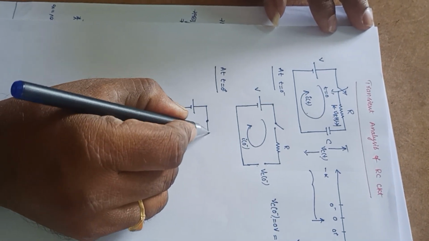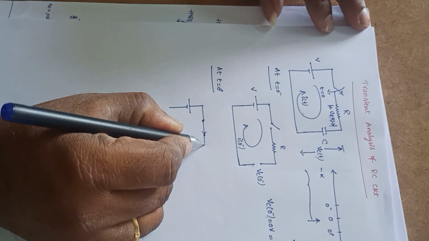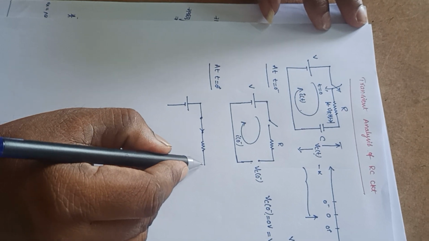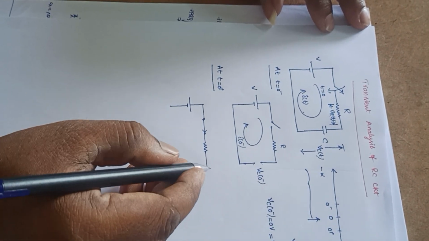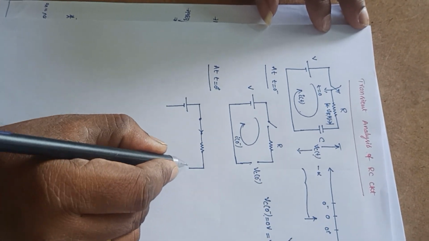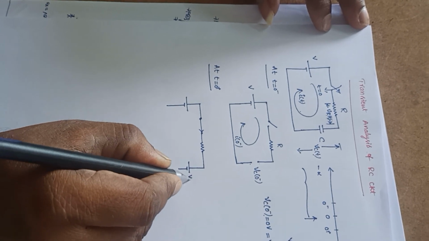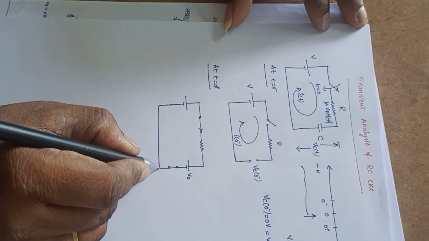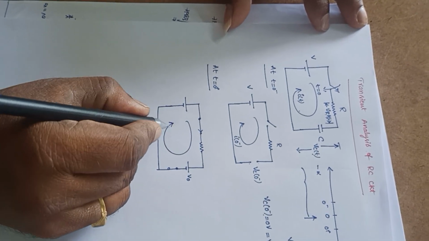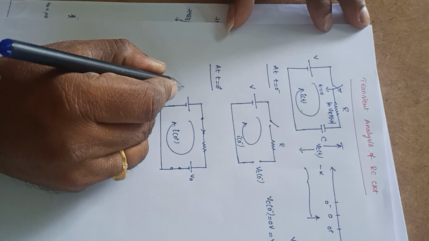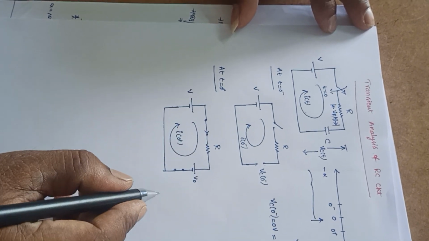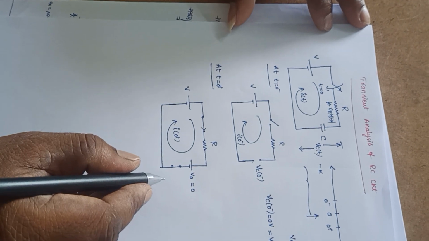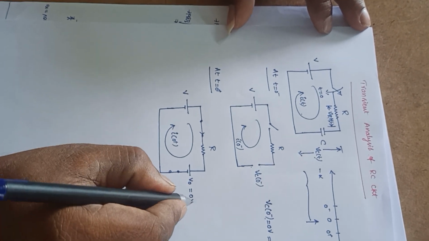So it is R, and at t equal to 0 plus the representation of the capacitance will be like this: with the initial voltage V0, it will act as a short circuit. The current that passes is i of 0 plus, equal to V by R, and V0 is equal to 0 here. Just now we discussed that it is initially uncharged, 0 volts.